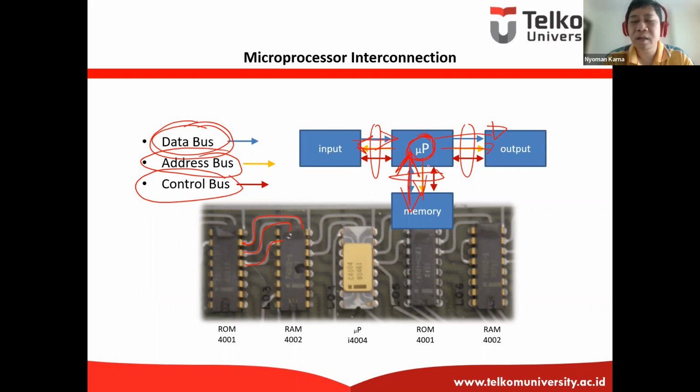So the data bus can be two-way, but the address bus can only be one way, going out from the microprocessor. Now, the control bus itself can also be two-way. It can be from the microprocessor to the input or from the input to the microprocessor.